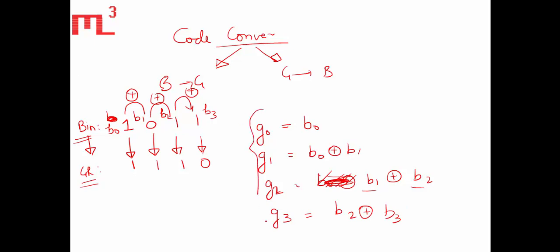This is the way you generate gray codes using binary codes.